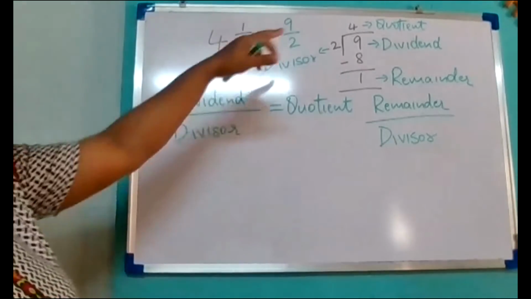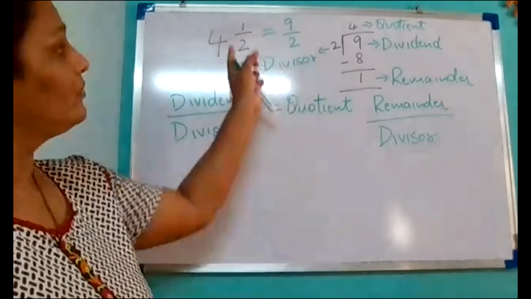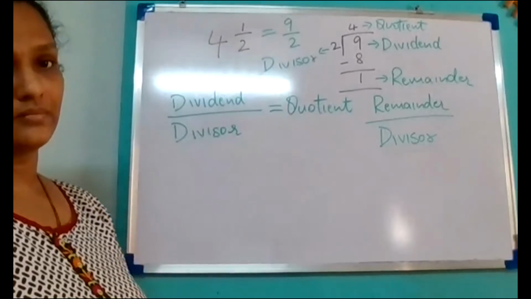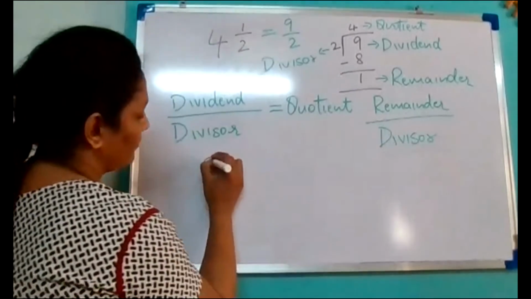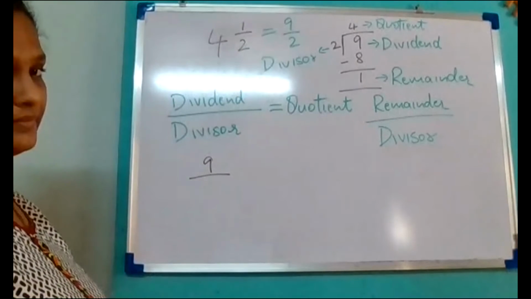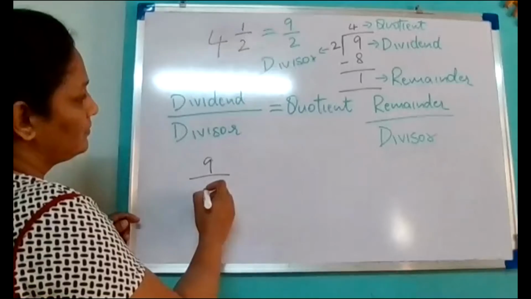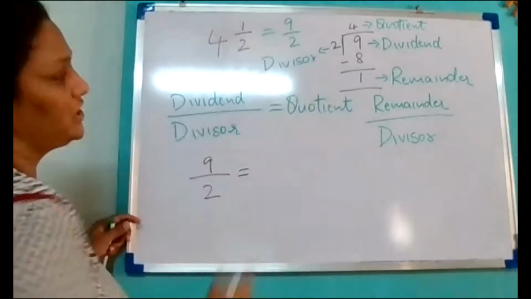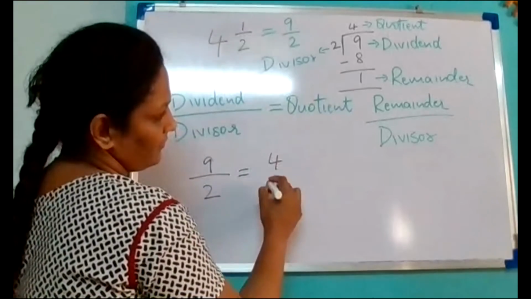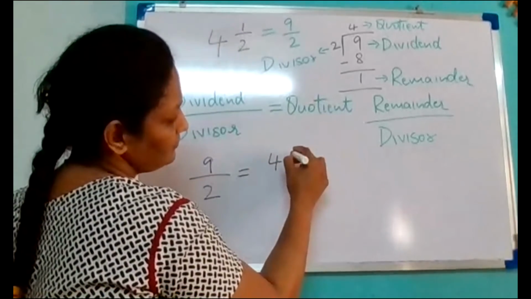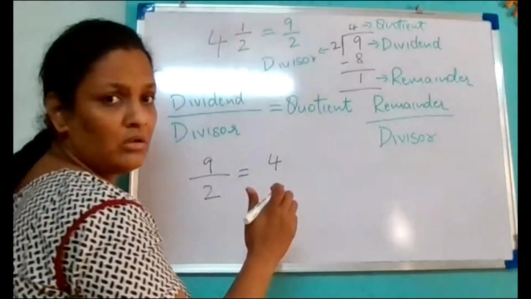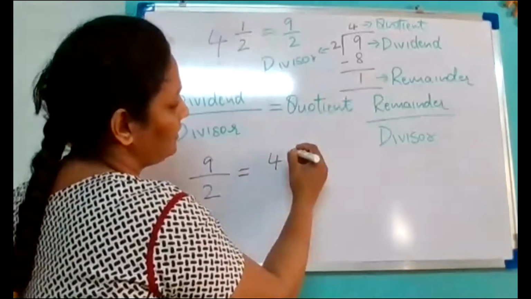What is the dividend? You all will tell me. 9. What is the divisor? 2. Quotient? 4. Remainder? Remainder is 1.